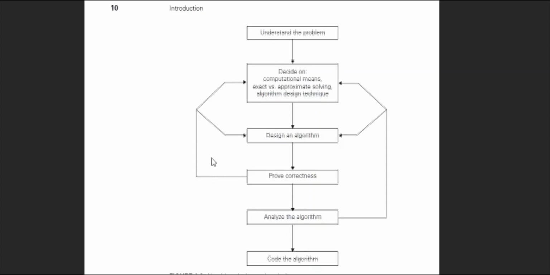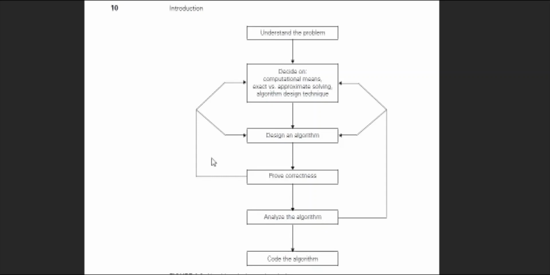The next step is analyzing the algorithm. Analyzing the algorithm means checking how well the algorithm yields the correct result in a given amount of time, and also how much extra space it consumes for a given correct result.